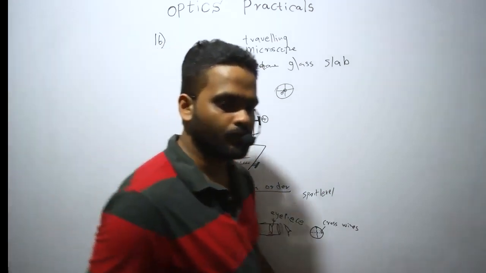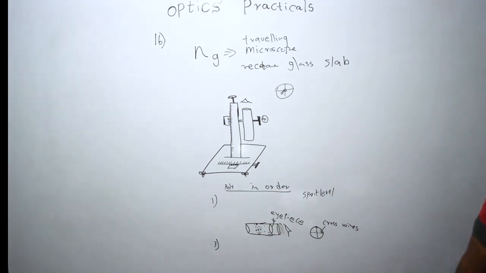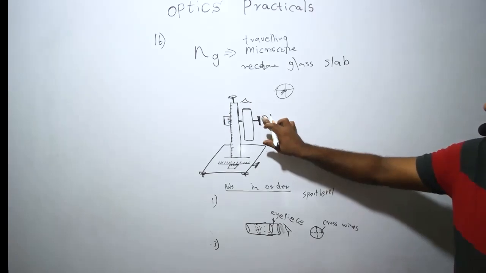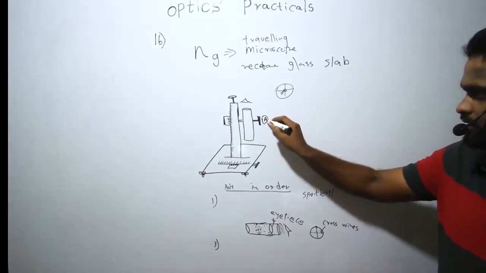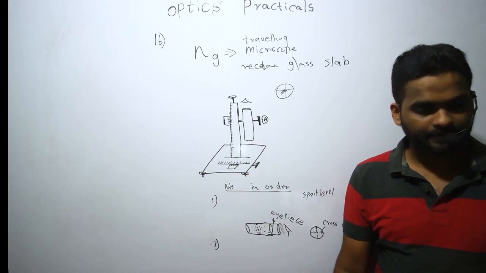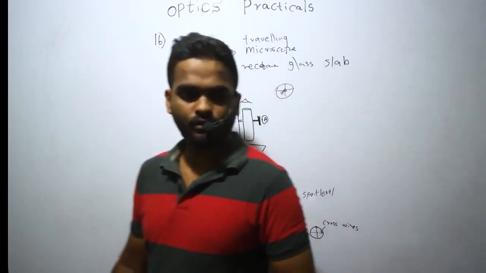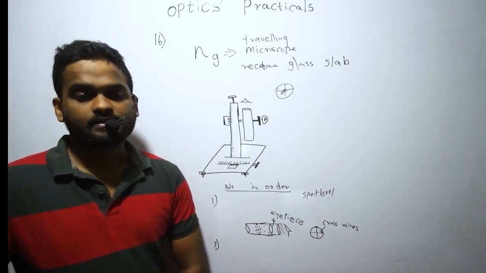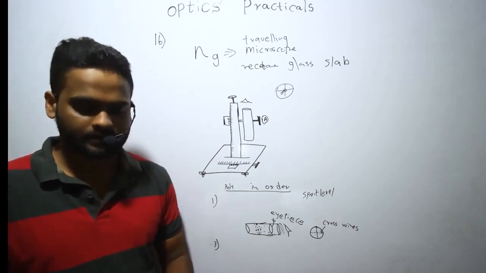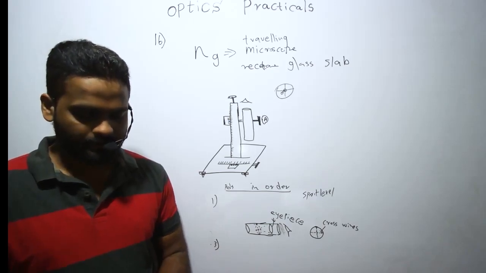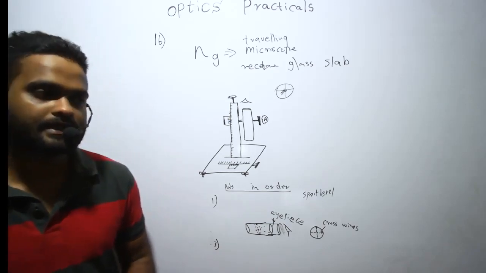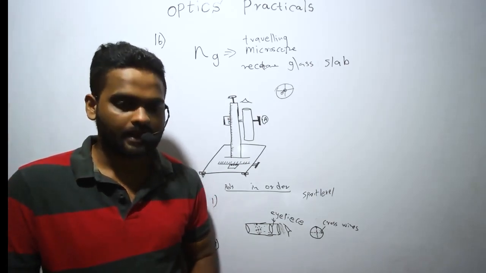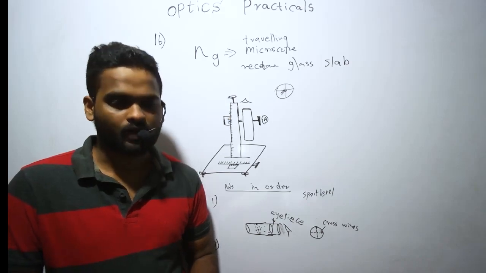Focus the object by rotating, let's say this one A, by rotating screw A. Once focused, a clear inverted image can be seen on the cross wires.